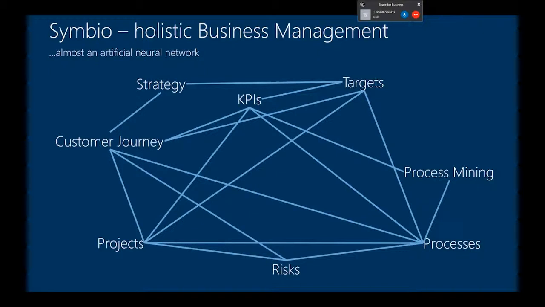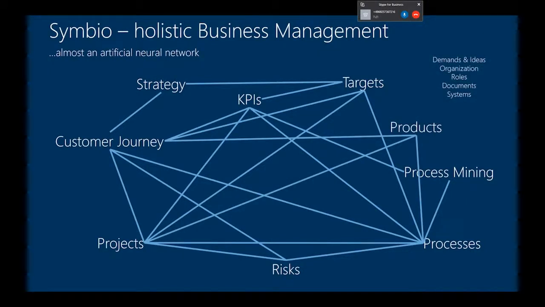Those are the extensions of the method in Symbio. Just to summarize again, you can now also set up your products, services, projects, and customer journeys, and link all of those components with your processes and other factors.